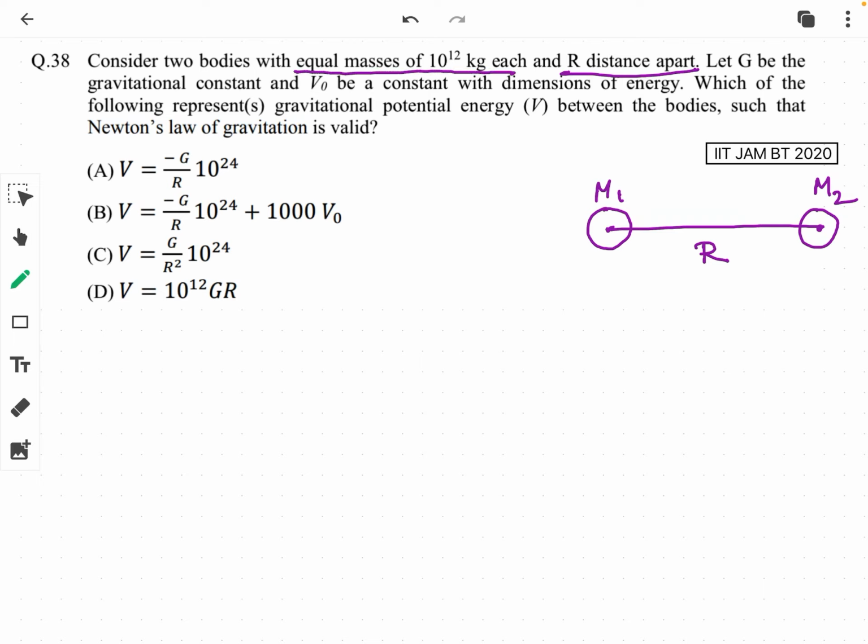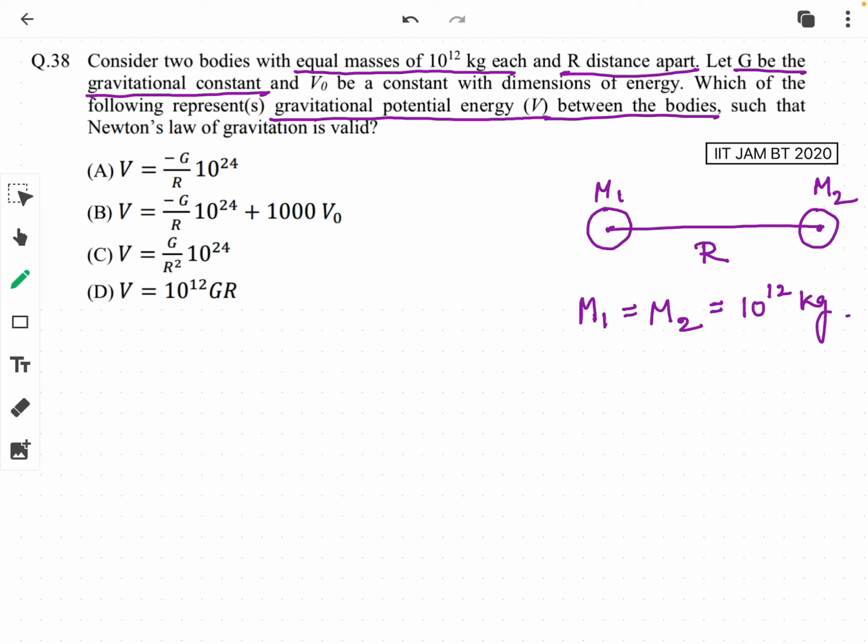That means we can write that M1 is equal to M2. If M1 and M2 are the masses of these two bodies, then each is equal to 10 to the power 12 kg. And G, capital G, is given as the gravitational constant. Now we need to find the gravitational potential energy between the two bodies.